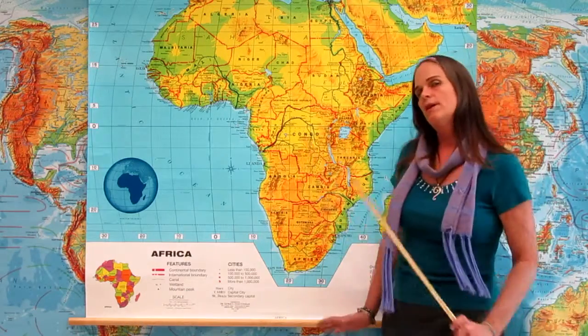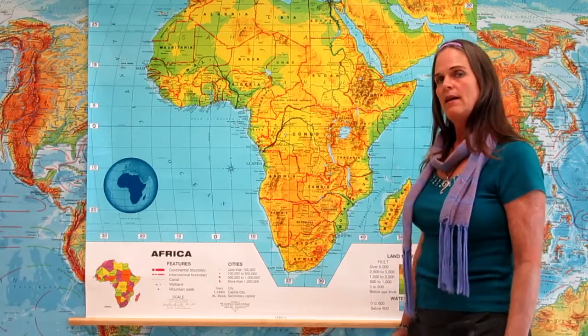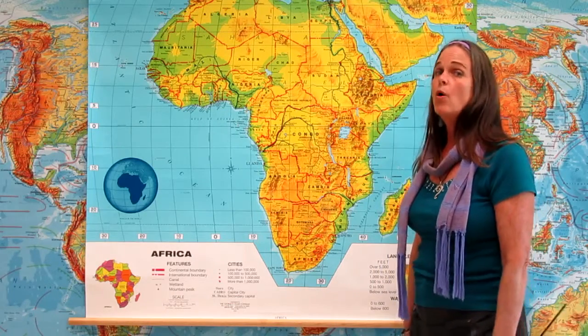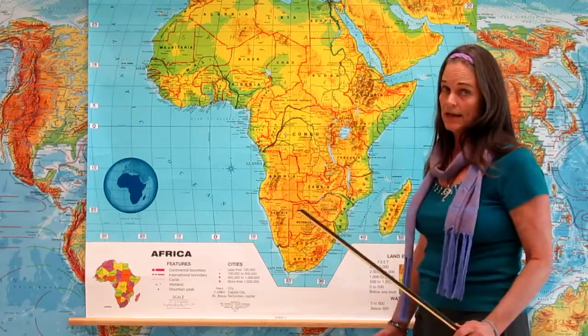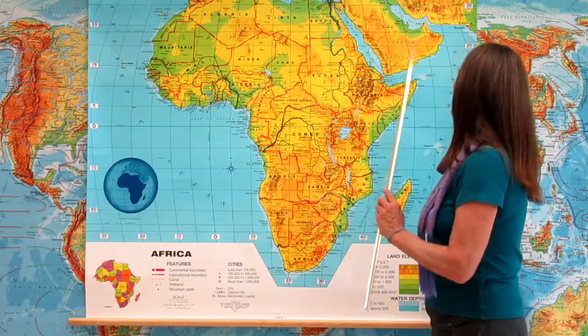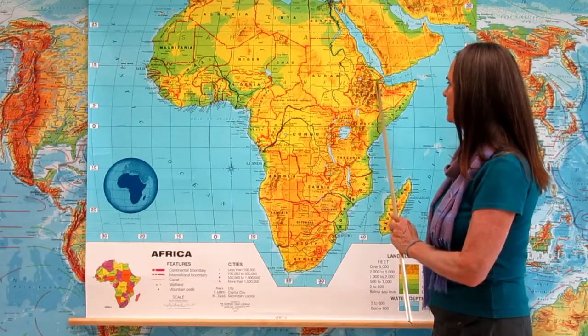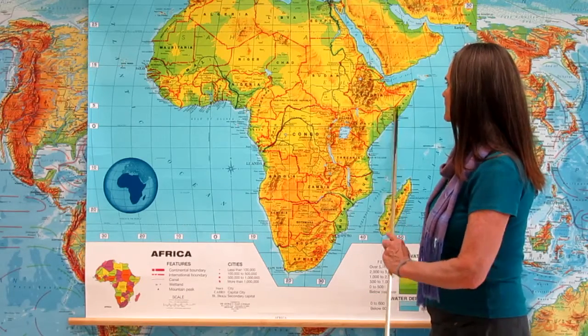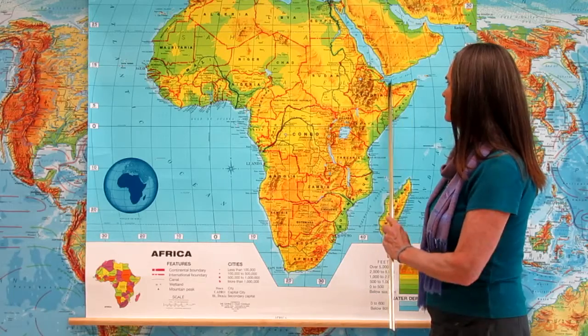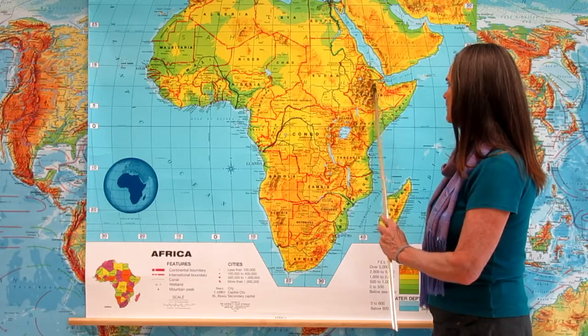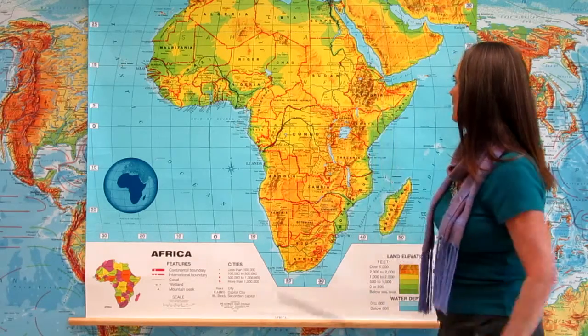The only 2 countries that are not in any of those 4 regions and are only in the transition zone, and not in any other regions, are Somalia and Djibouti. Right here, this little Djibouti. Again, Somalia looks like it's this part of the horn, and Djibouti looks like a little bite out of Ethiopia.